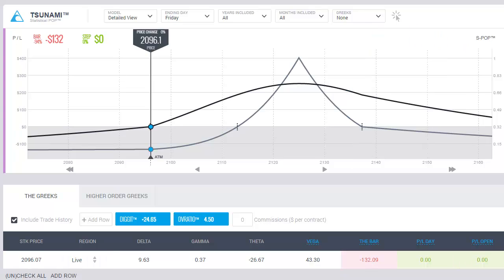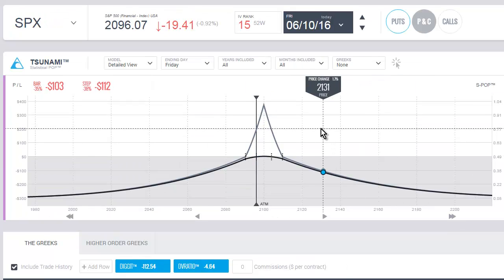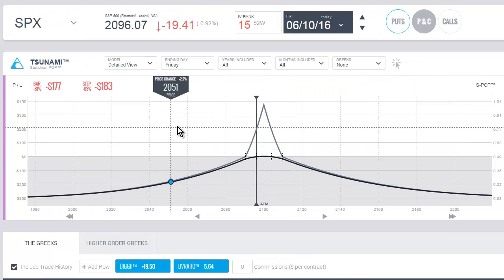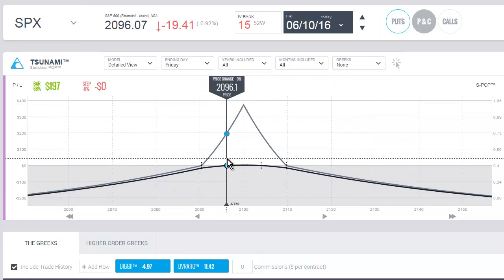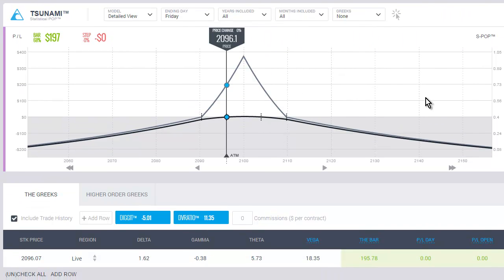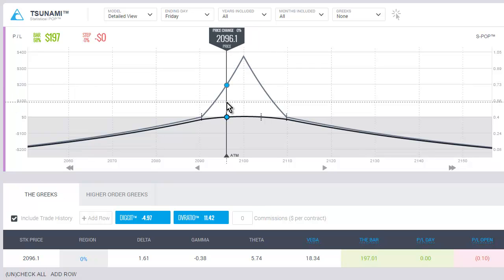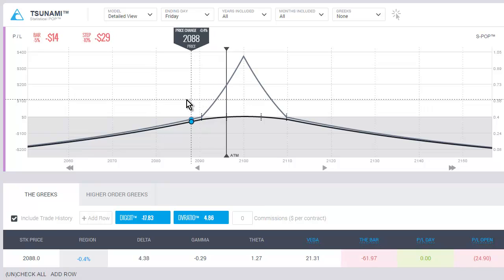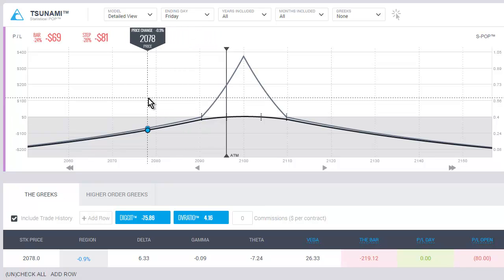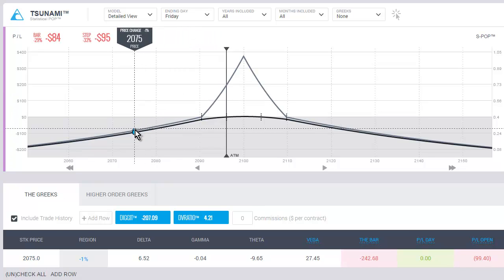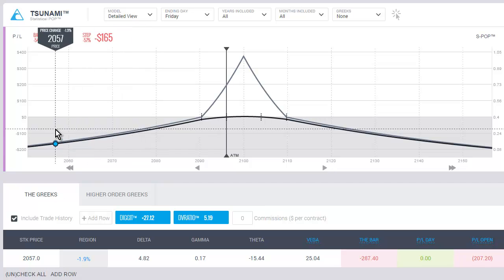This one's in the money. Let's look at one that's a little bit closer to the money. So here's one closer to the money, and you can see what this looks like. If you're right short term, again, you have some profit potential in here. But with any small move, even a 1% move, you're losing a ton again in either direction.